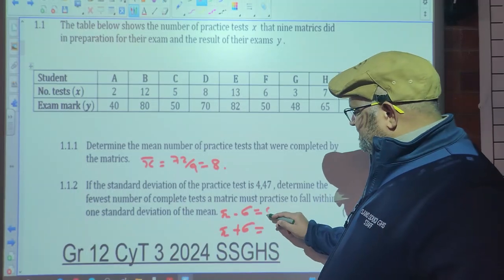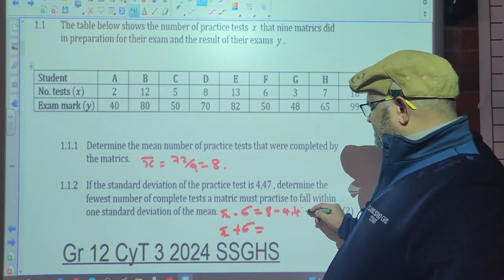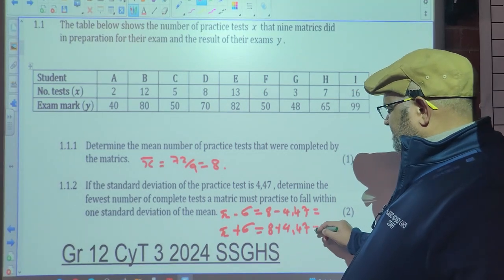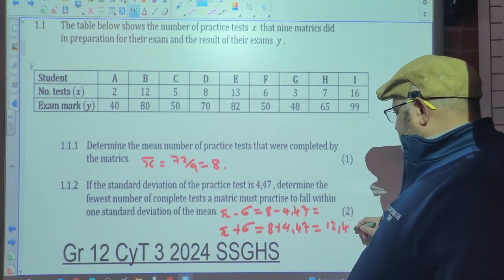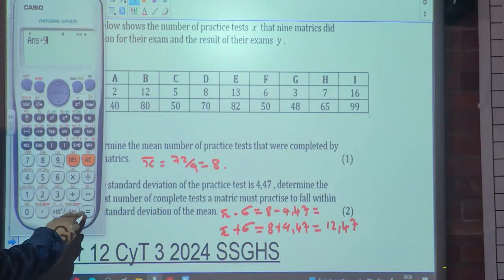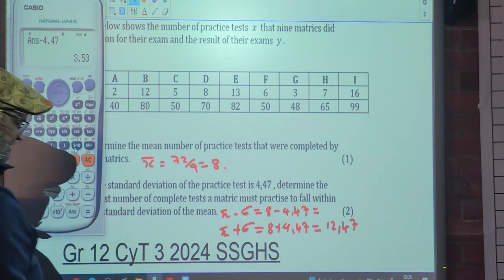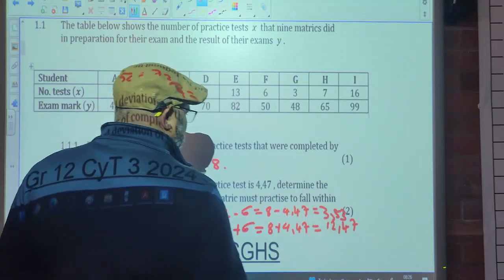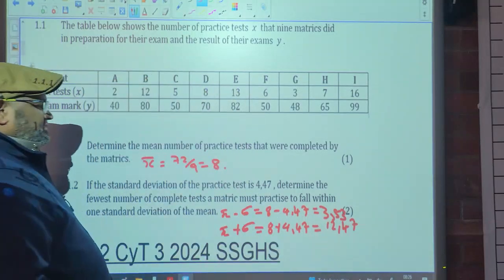So it's going to be 8 minus 4.47 and 8 plus 4.47. This is going to give you 12.47. And 72 divided by 9 is 8, and 8 minus 4.47 is an answer of 3,53. So that is the range.